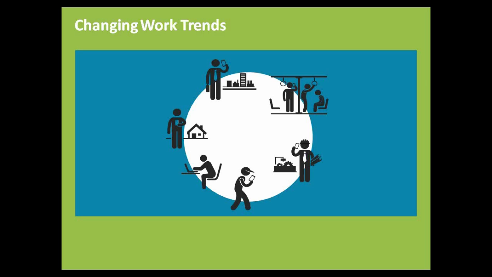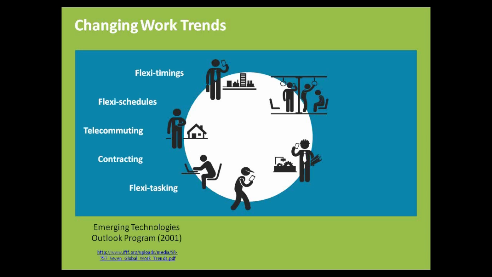And increasingly it's about flexible work practices. And that's a trend that the Emerging Technologies Outlook program predicted way back in 2001. So it includes flexi timings, flexi schedules, telecommuting maybe from home or even from hotels, different sites, different places of work, any other locations, contracting, and even flexi tasking.